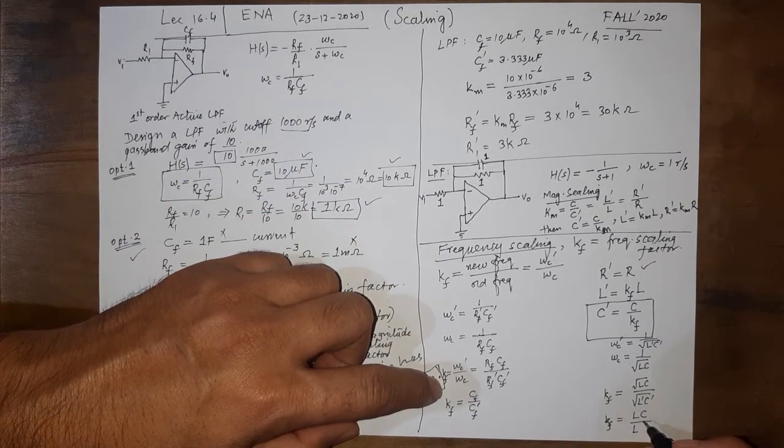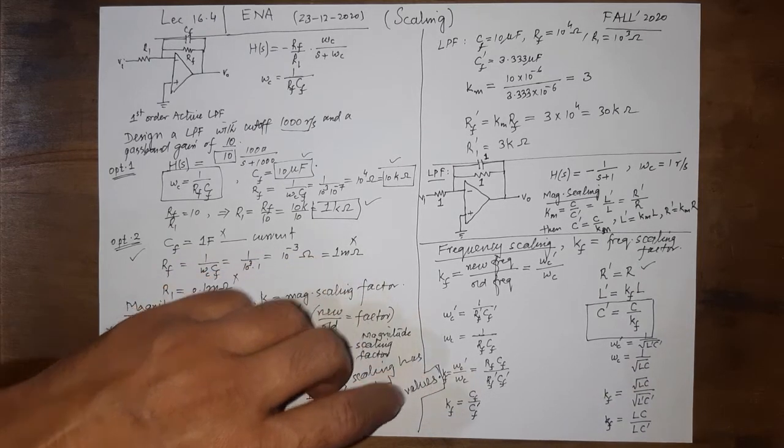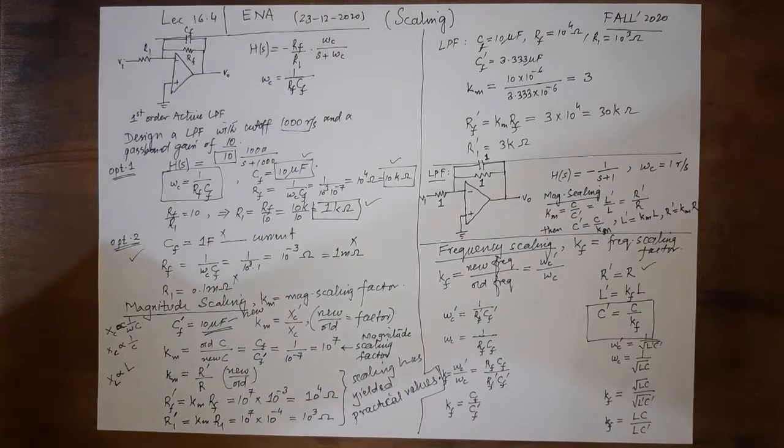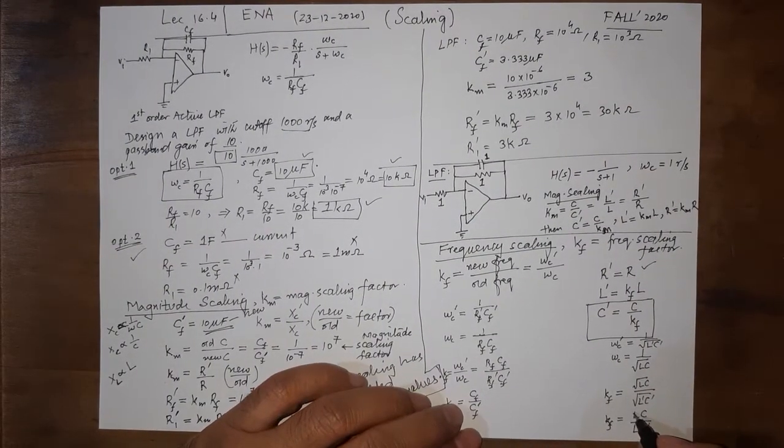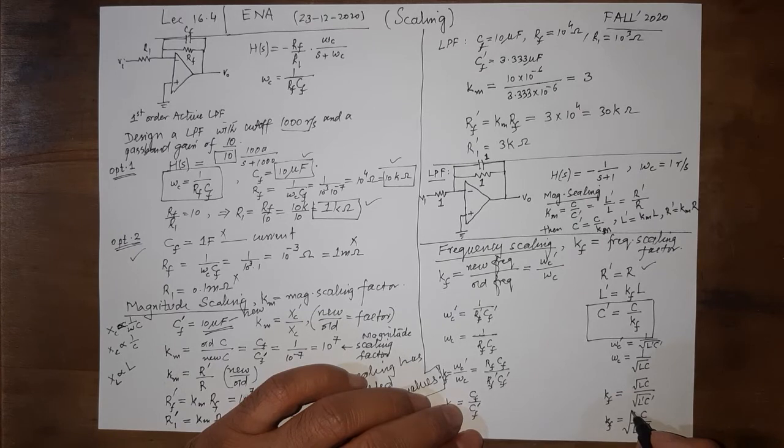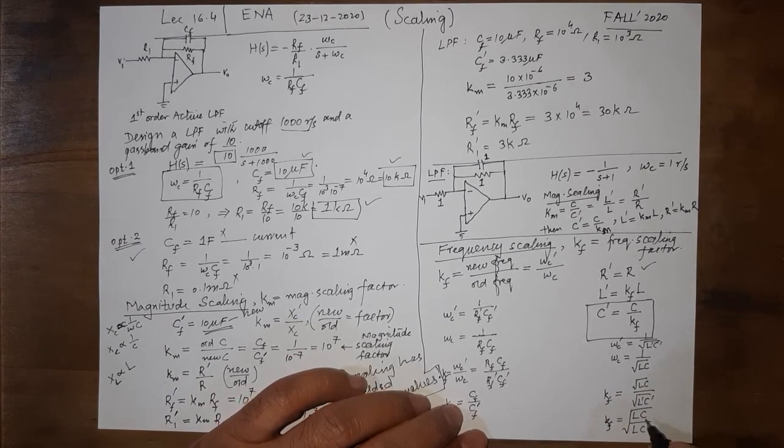I hope I have not skipped something. Oh, yes, I have forgotten this one. So we are going to get KF into KF, that is KF square is equal to LC over L dash C dash.